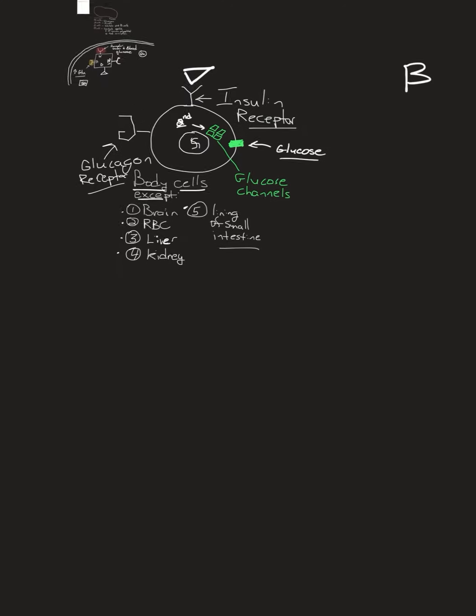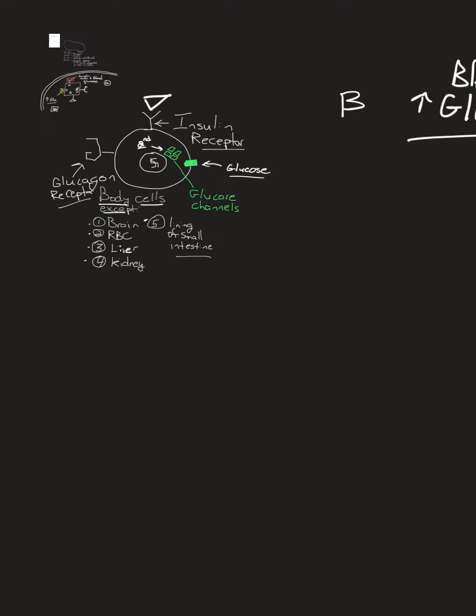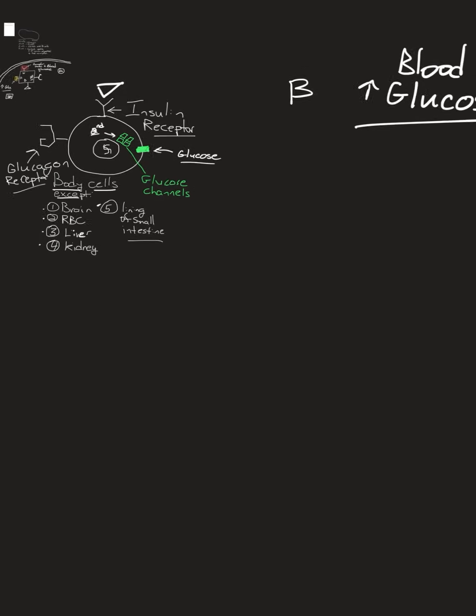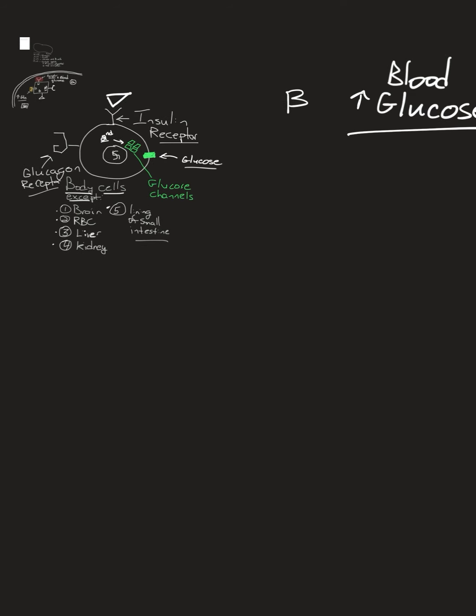That's when blood glucose is too high, allowing the glucose to leave the blood and go into the cells, bringing down your blood glucose. Remember, we're talking about your blood, about arteries and veins and capillaries and the surrounding cells, the surrounding tissues. When this glucose is high, the glucose goes into the cells because of the insulin receptors.